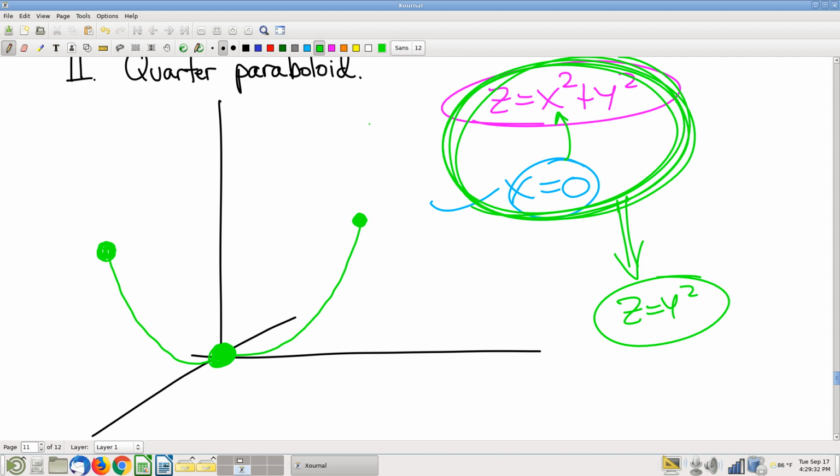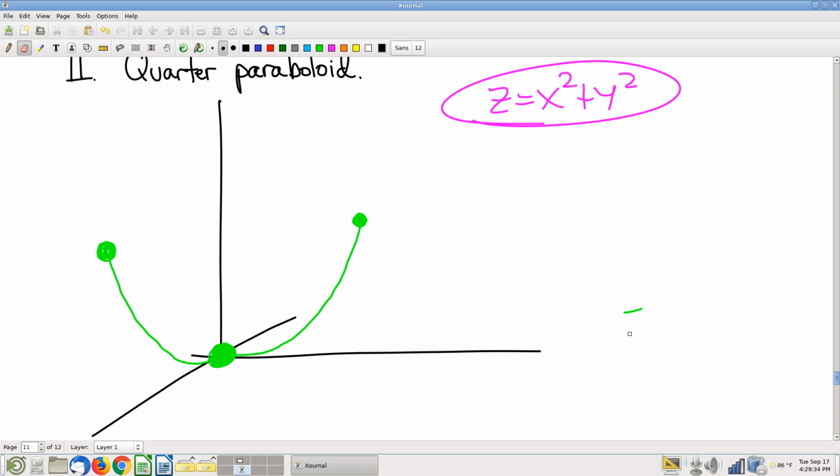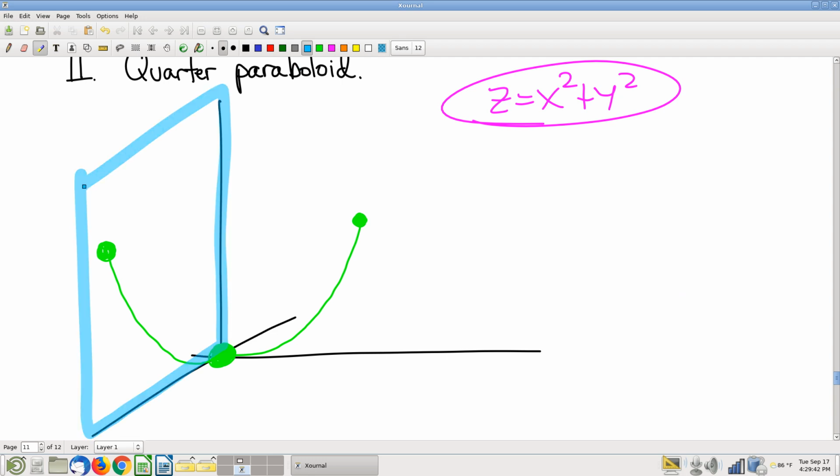Now, what else is going on here? What else can I say about what I'm interested in? Well, there's going to be a back face. How this intersects is going to make a face about like that.